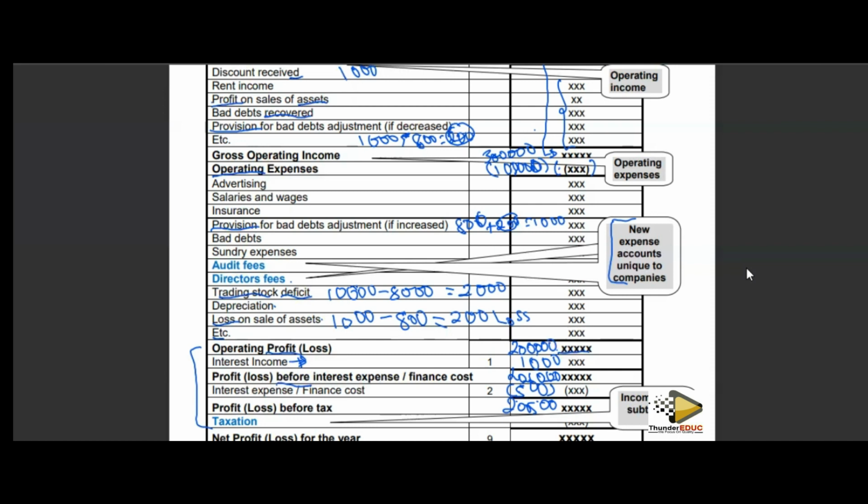Okay? Let me do my calculation here. Remember, I came up with my own figures here, just to assist us do our calculation for explanation purposes only. So if our profit before tax is 200,500, we shall need to multiply by 28%. Okay?